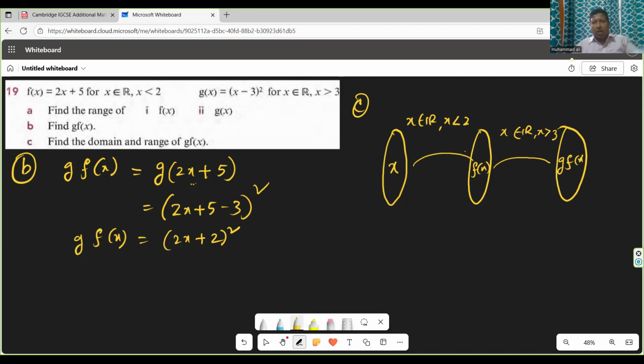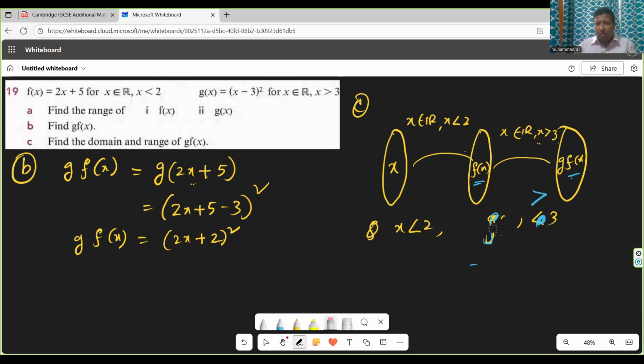So here, both are real numbers. Why f(x) greater than 3? Because we have to put f(x) in the g function instead of x. So as x > 3, we have to write here f(x) > 3.